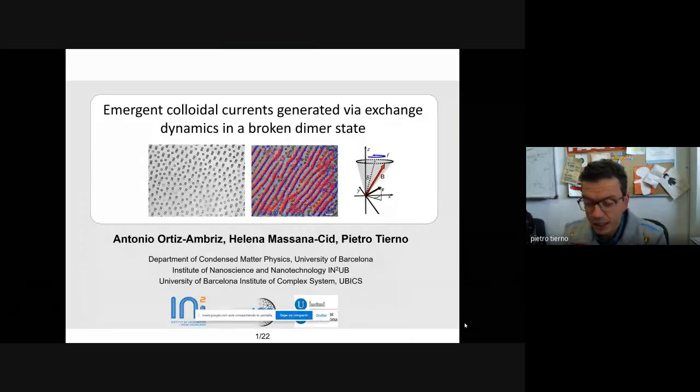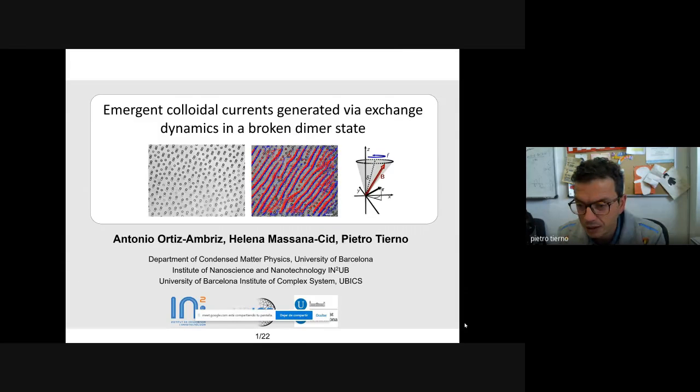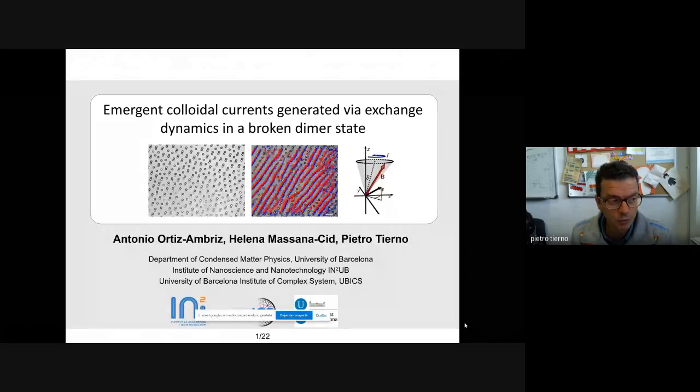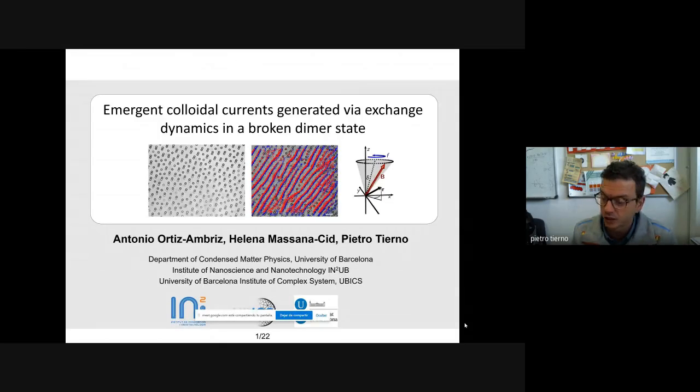So the work that I will explain today was recently done in my group and was driven both by theory and experiments. From the theory side, the simulation, Antonio was mainly involved. He developed the code to explain the dynamics of this soft condensed matter system.